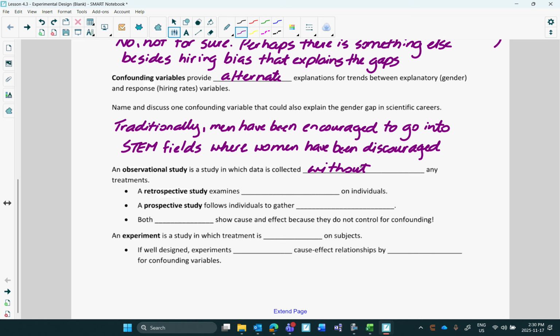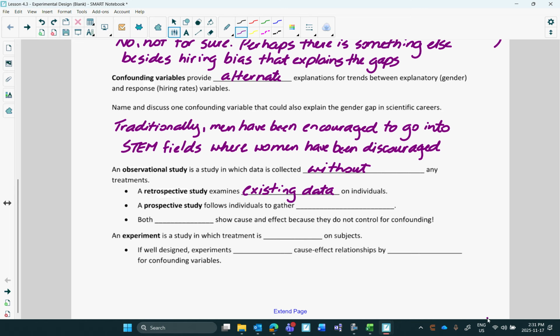The information's just there. You just collect it, or you create the information yourself by keeping track. A retrospective study examines existing data. That was what was done above.